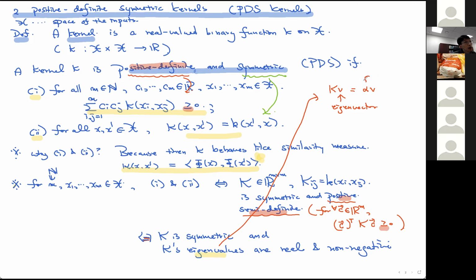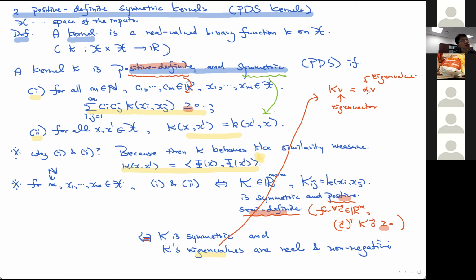The alpha is an eigenvalue. So this means that K is actually a transformation of a vector, and this v is something that's kind of preserved by K. Those are the eigenvectors.